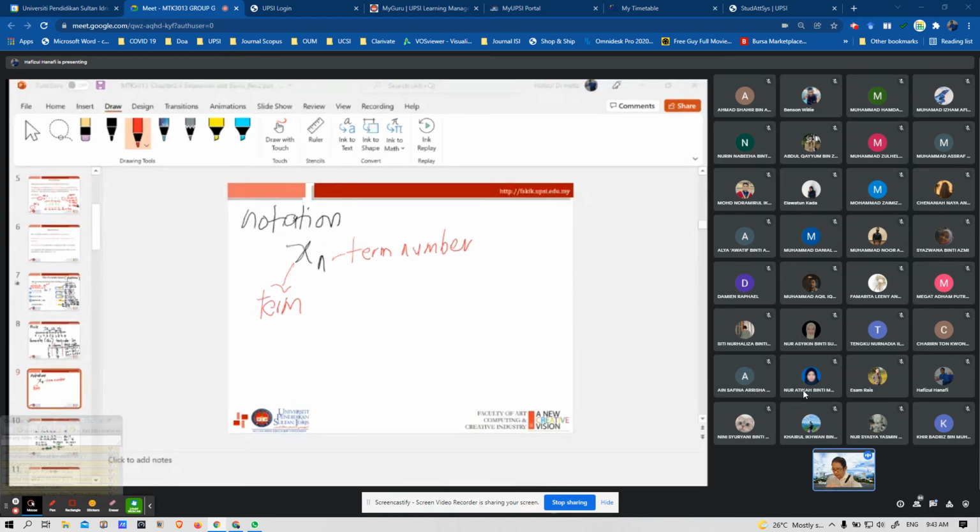So for the rule that we see, for example 3, 5, 7, 9, 11, we can describe it and write it as x_n equal to 2n plus 1.